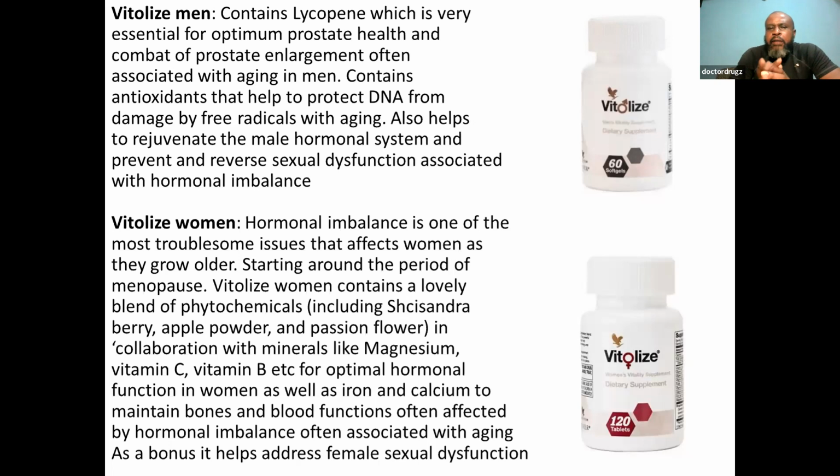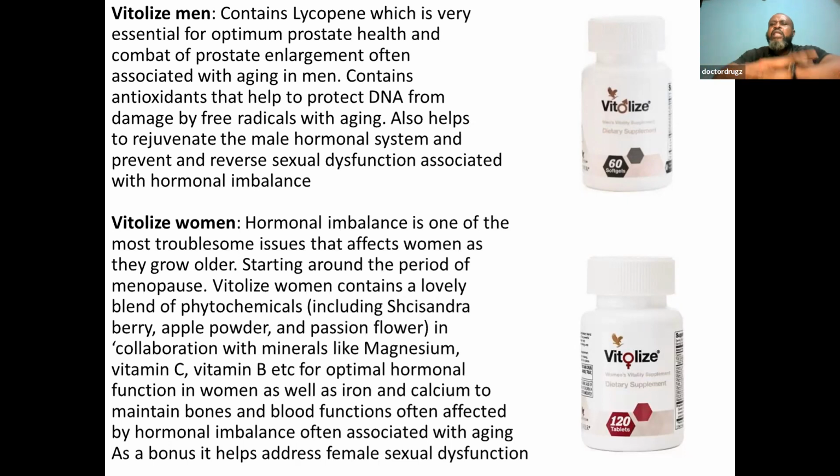Now, Vitalize Women contains a very wonderful blend of phytochemicals that helps against hormonal imbalance. Women have this challenge of, in fact, a woman sometimes can be a tsunami of hormonal issues, because women are so wonderfully made that their system is more complex than that of men. They have so many hormones that run so many things. And you notice as a woman is getting to 45, 50, talking about menopause, one hormone is depleting, another one is increasing, another one is going one place or the other.